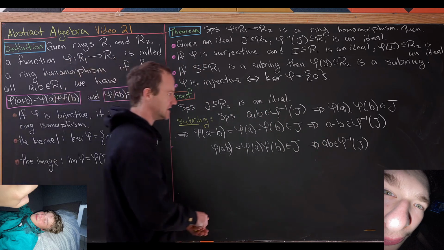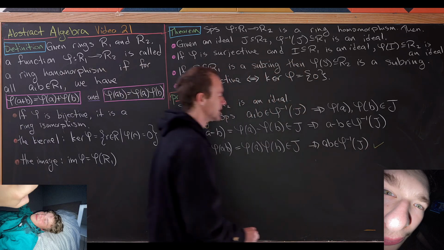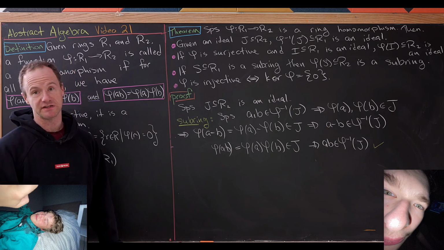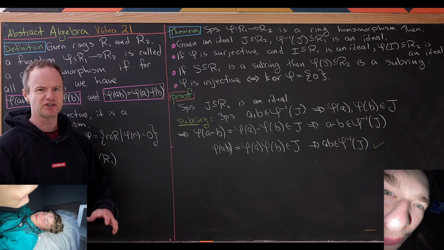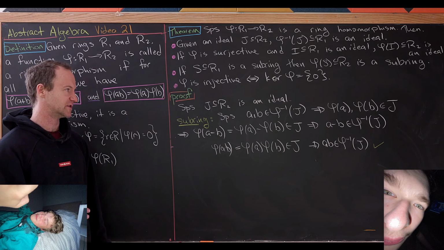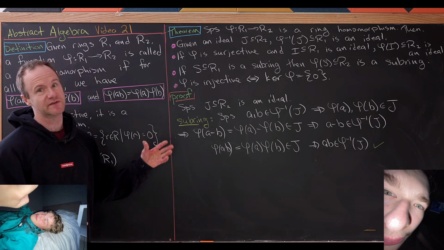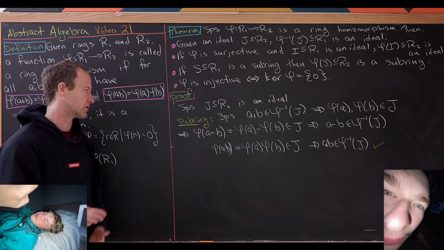That makes it into a subring. And notice we didn't really use any of the major properties of J being an ideal here. We just used the subring properties of J being an ideal. So in fact, the pre-image of a subring is also a subring.